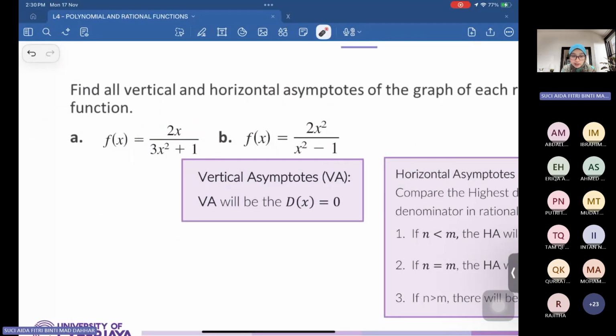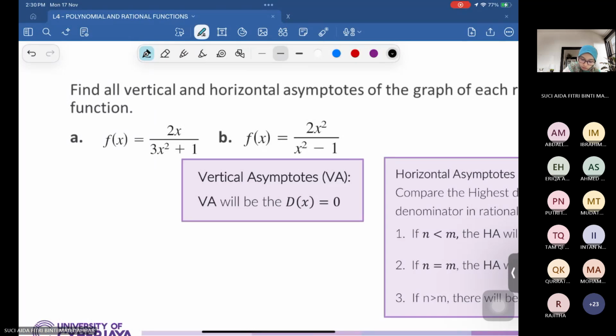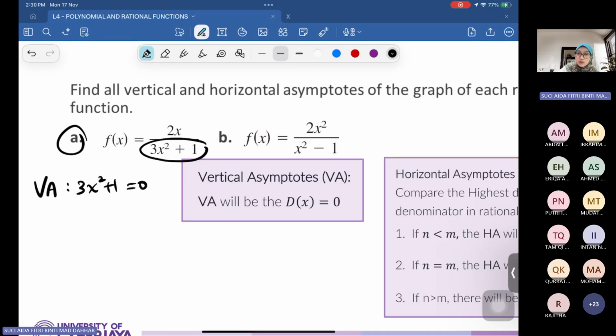Okay, another example. Question A. 2x over 3x squared plus 1. Find all the vertical and horizontal asymptotes. So for question A, first find the vertical asymptote. That's the easiest. Vertical asymptotes by taking the denominator, 3x squared plus 1 equals 0.